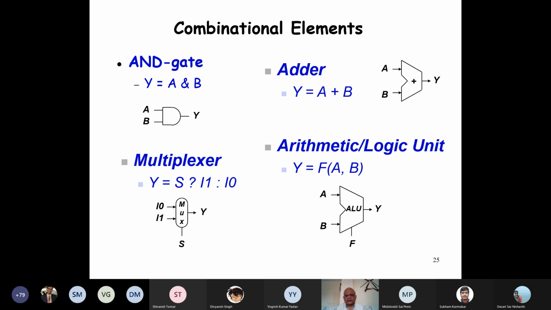You have seen this notation already. It's a very standard notation. We didn't talk about that at the time. And F is basically the functionality the ALU needs to do. Is it add? Is it subtract? Is it multiply? And so on.